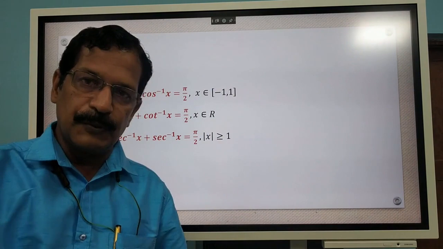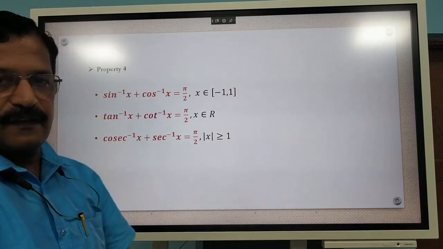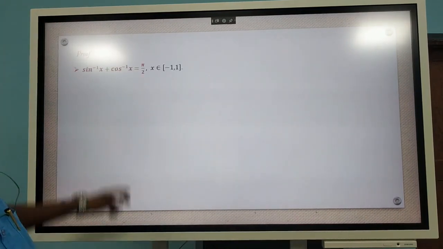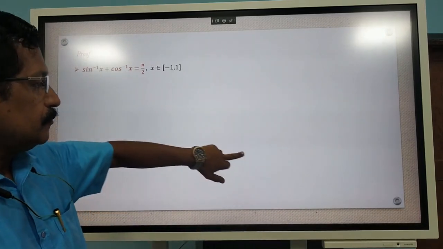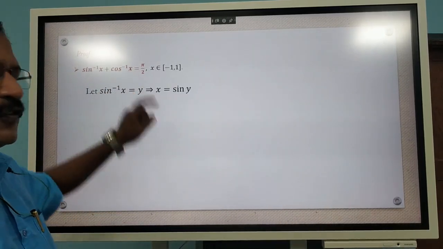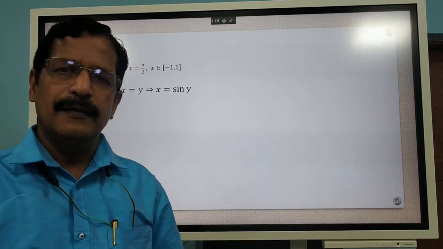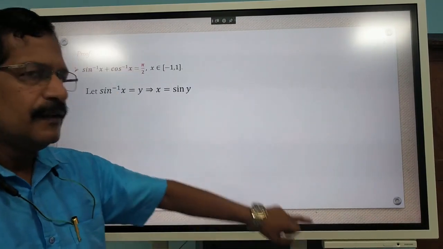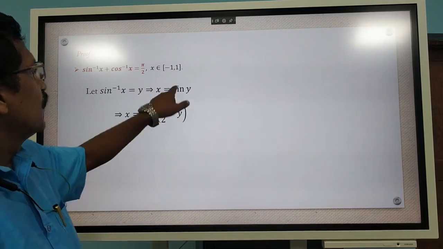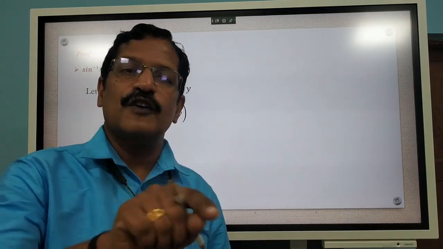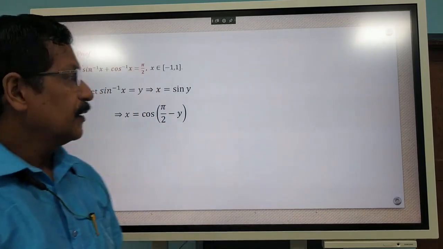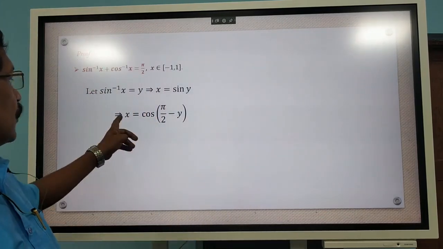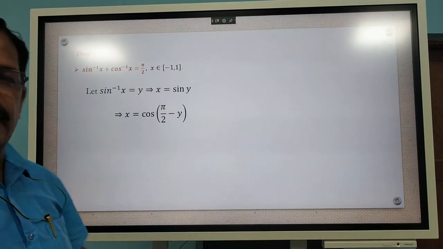Here also I am going to prove the first case: sin inverse x plus cos inverse x is equal to pi by 2. I am assuming sin inverse x is equal to y. So x is equal to sin y. Sin y can be written as cos of pi by 2 minus y, the complementary angle property of trigonometric functions. So x will be cos of pi by 2 minus y.